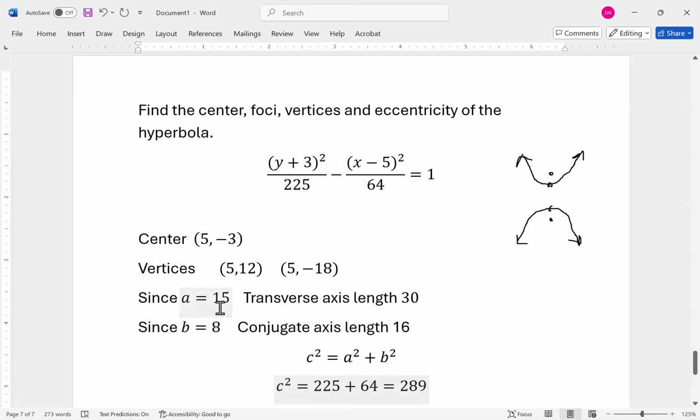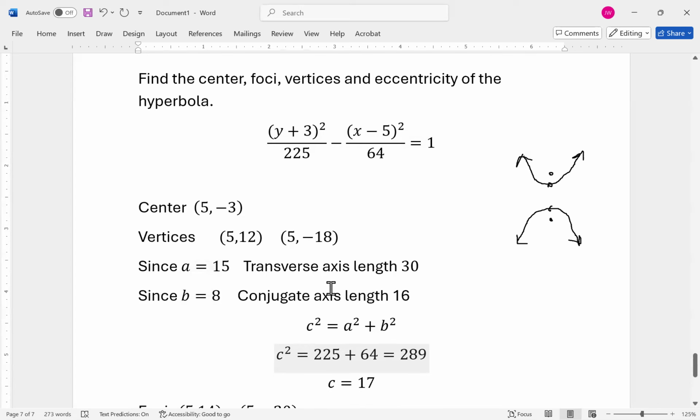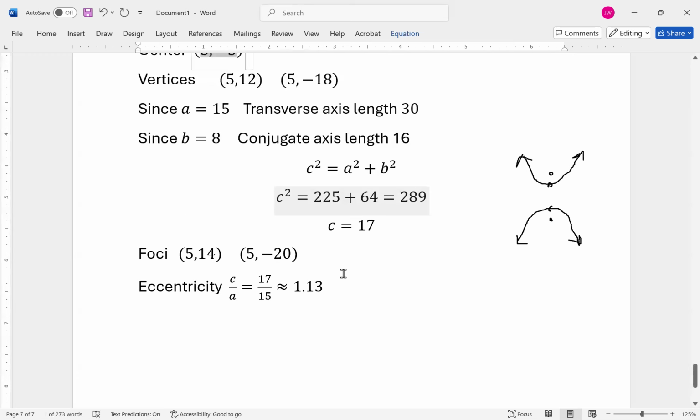So our slope would be 15 over 8. And then obviously we know it goes through the center point of (5, -3).